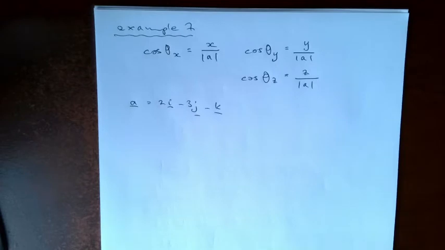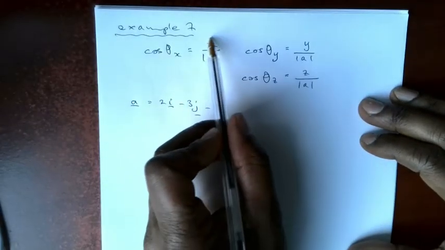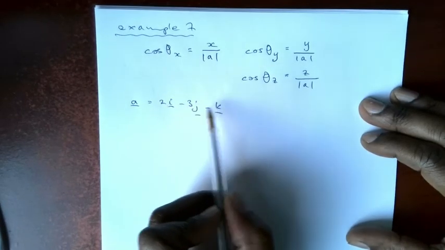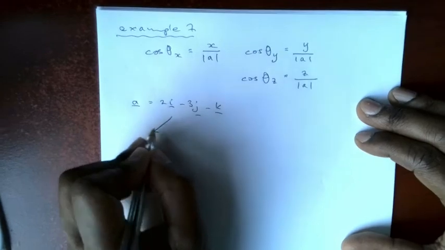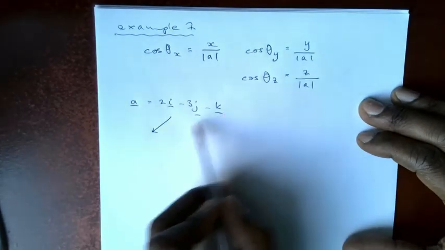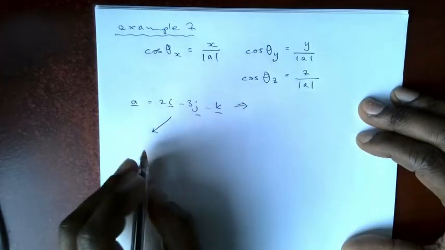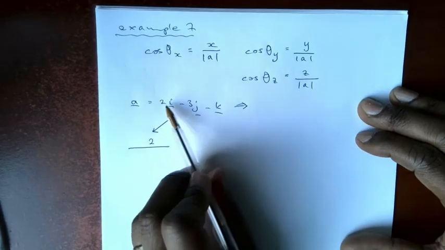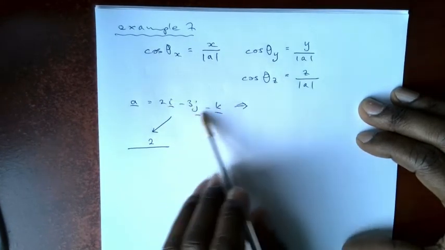So if I start with the first one, what I do is just take either the x part, the y part, or the z part, and that goes at the top. So if I want to find the angle between this vector and the x-axis, I put 2 at the top because that's the x part, and I divide it by the length of the vector.